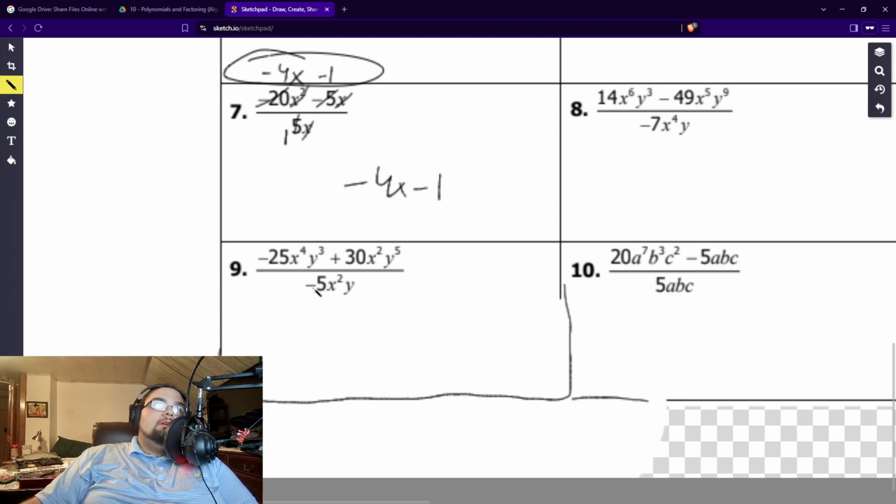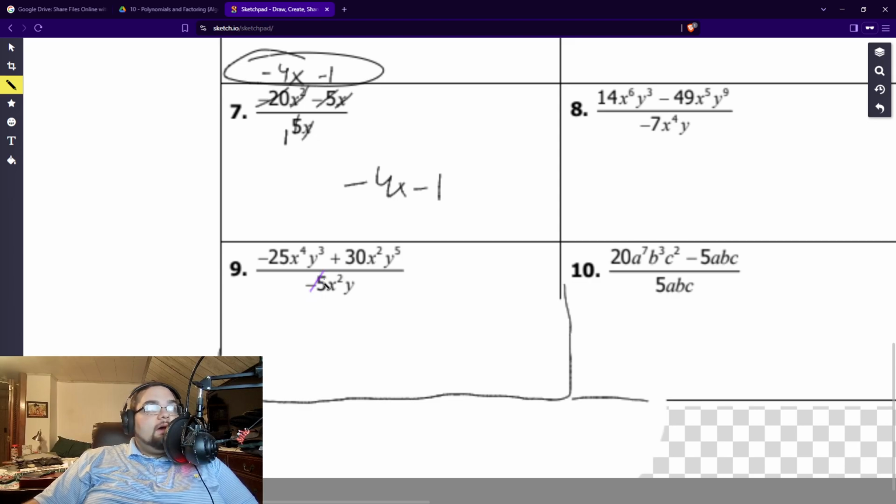So I take a look and I see -5, 30, and -25. I see that all of these can be divided by -5. And since that's the case, I'm going to do it. That's how it works. If you can do it, just do it.